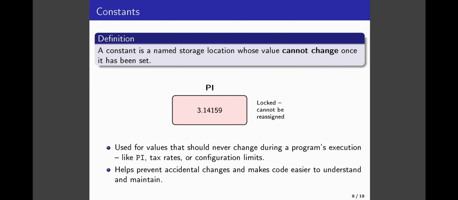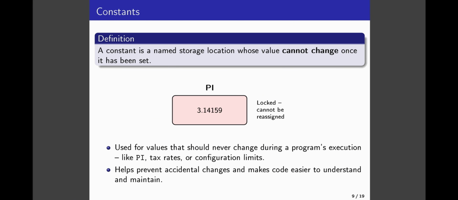Then comes constants. Not every value in a program is meant to change. Sometimes we want a value to stay exactly the same throughout the entire program, and that's what a constant is for. A constant is a named storage location whose value cannot change once it has been set. So here we have pi, holding the value 3.14159, and it's locked.